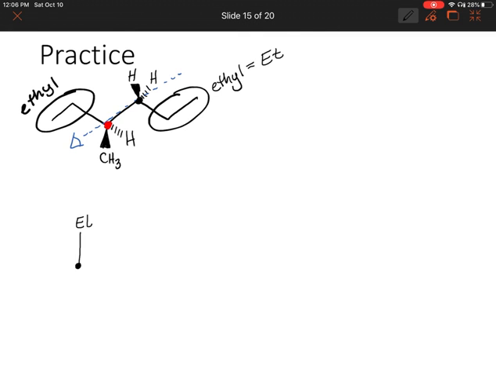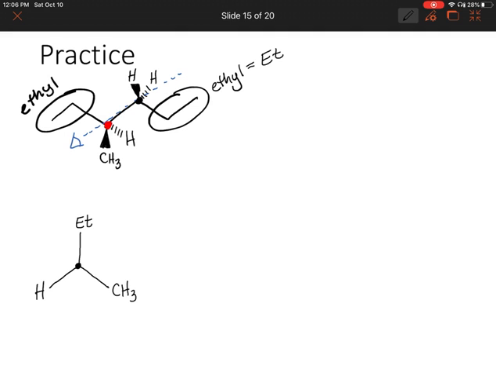So it's in the plane, and I'm just again going to abbreviate that as Et. And then looking down below at our wedge and our dash, the wedge tells us that the methyl group is coming out towards us. So if we were to turn this molecule so that we're looking right down the carbon-carbon bond, that methyl group would be out to the right. Okay, and then the hydrogen is going back to the left.